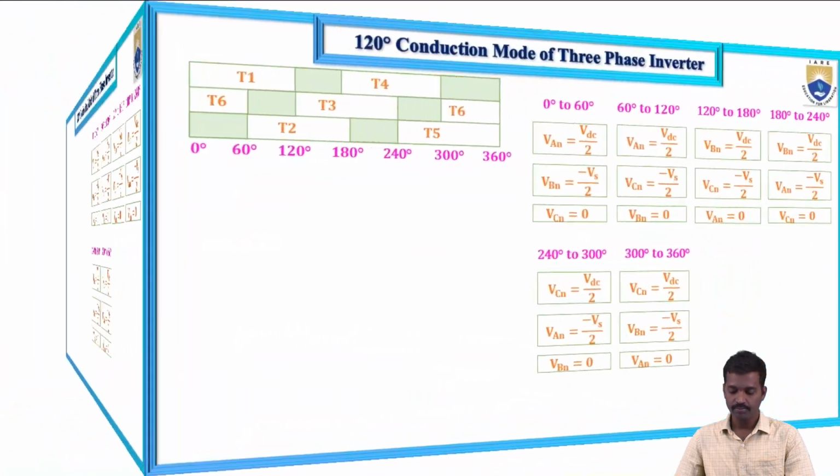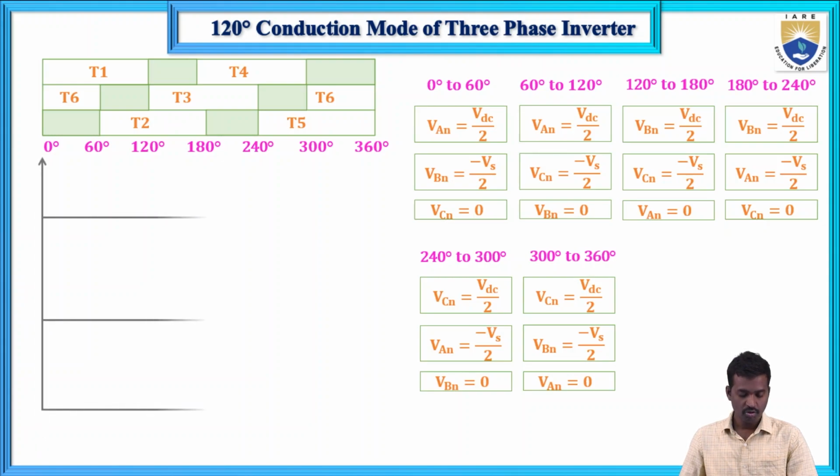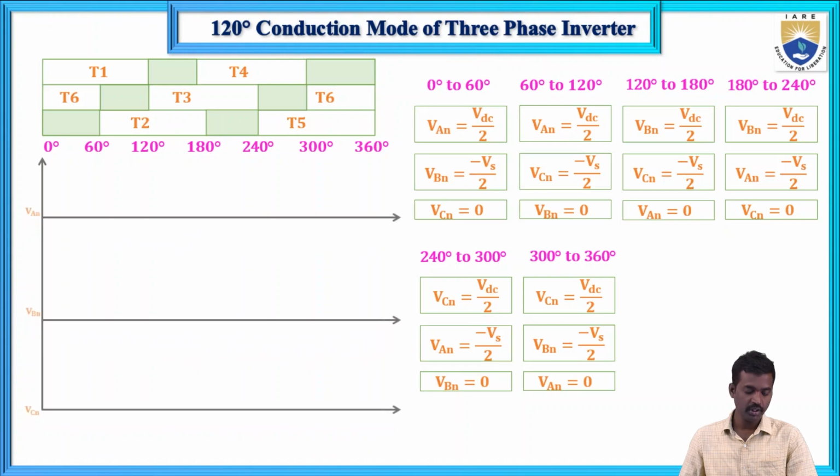So now this is our 120 degrees conduction mode three-phase inverter control scheme, and these are the phase voltages according to that equivalent circuit and each leg thyristor turn on and turn off. If you plot, the phase voltages are represented with VAN, VBN and VCN.